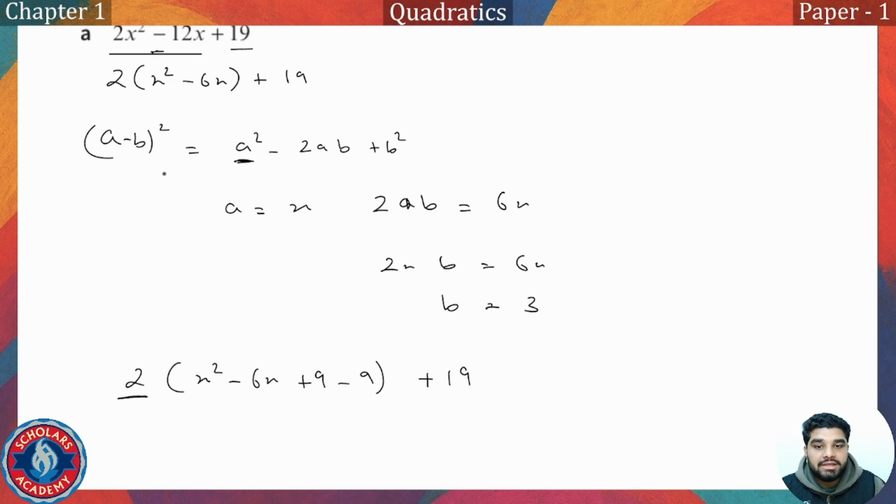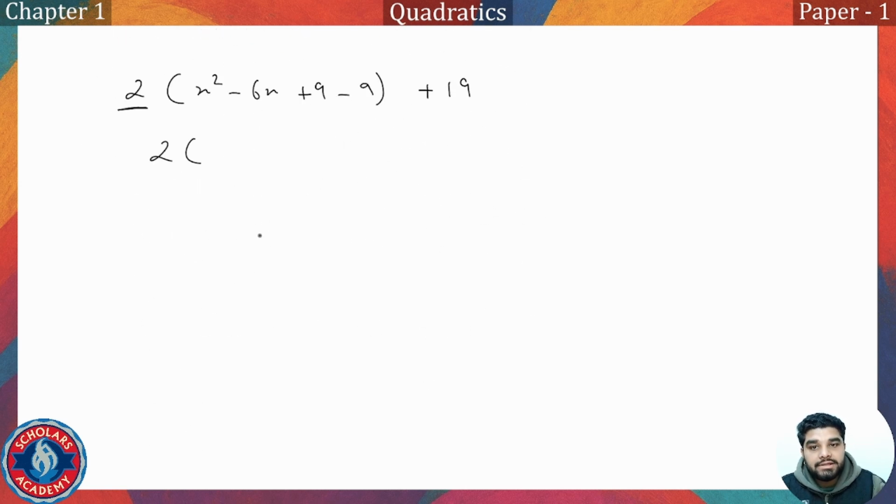Because there is one operation lying over here. So that the form of the equation doesn't change, I will subtract right away where we are adding this 9. All right. So I subtract 9 over here. Now I don't need this 9 within this bracket, so I will take this out. So when this 9 goes out, what we get is x square minus 6x plus 9.